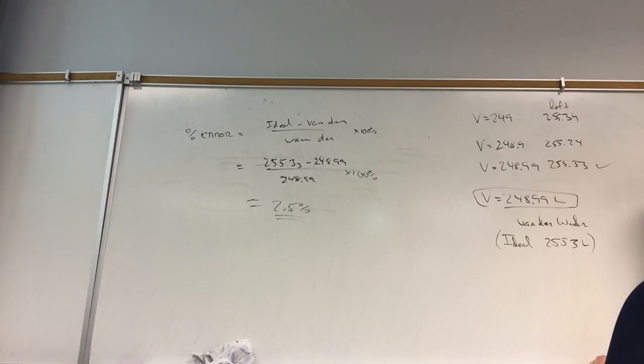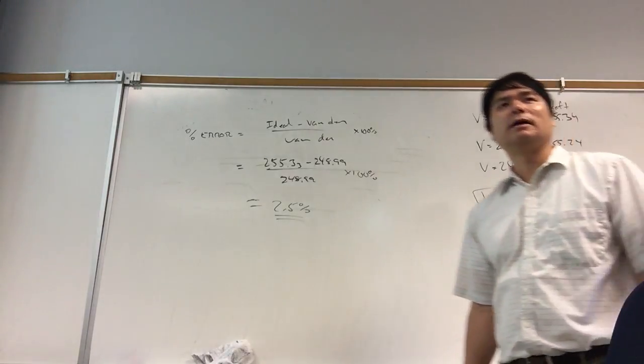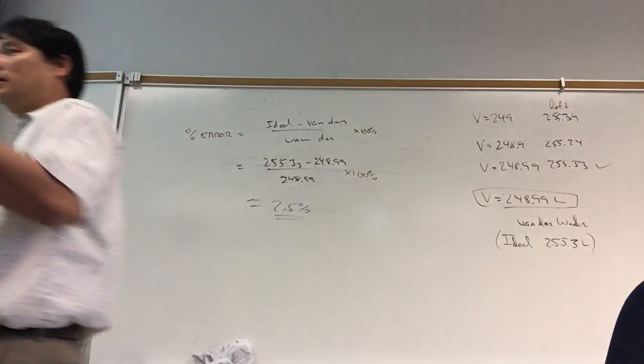This is your propane. What do you do? You would give them 248.99, that's a pound, because if you give them 255.3, you're giving them 2.5% more than a pound. In other words, that would be 1.025 pounds of propane, right?